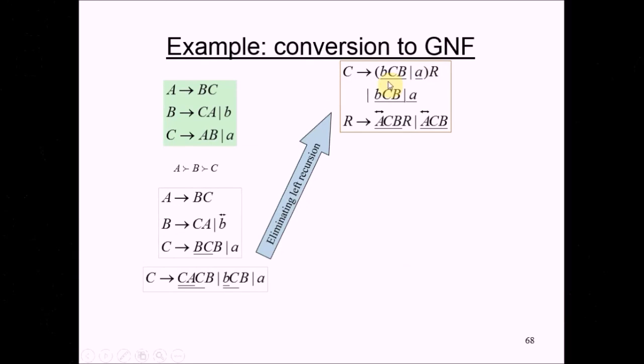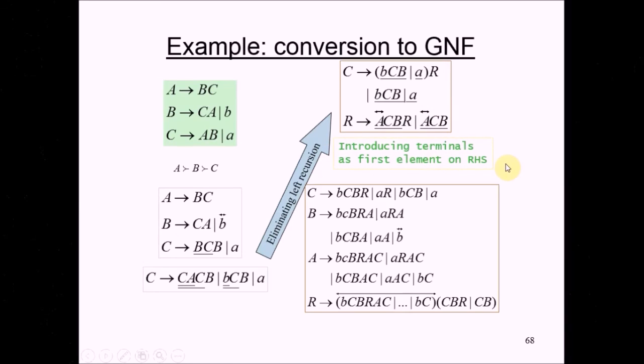Here we can see C tends to BCBR and AR, BCB and a, and R is giving ACBR and ACBB, introducing terminals as the first element on the RHS. So this is the final product we are getting after substitution, where C tends to BCBR, AR and BCB and a.